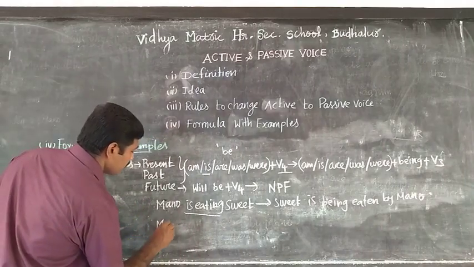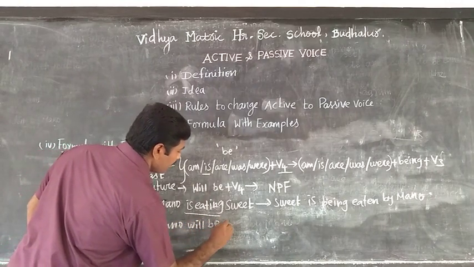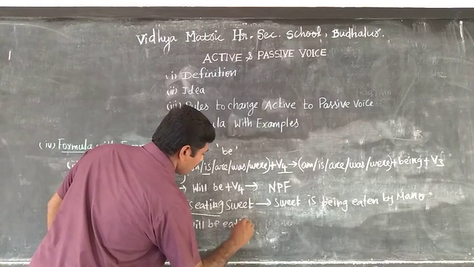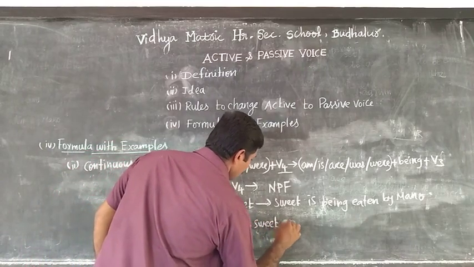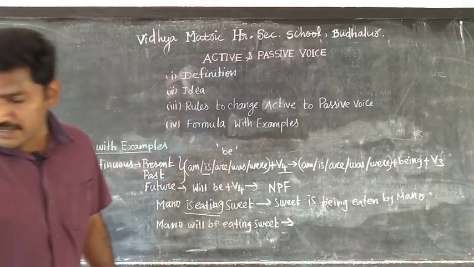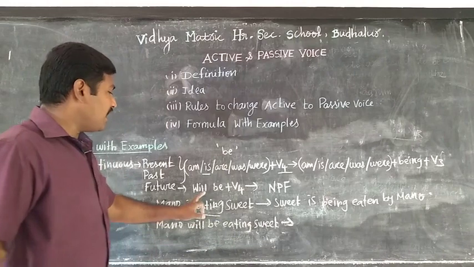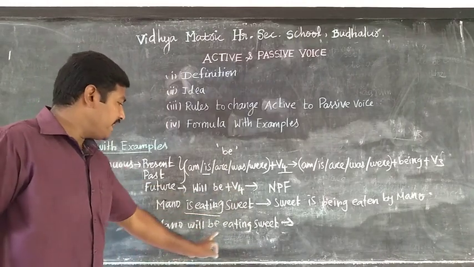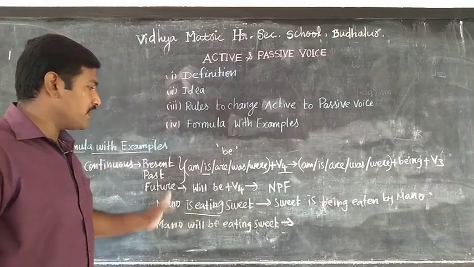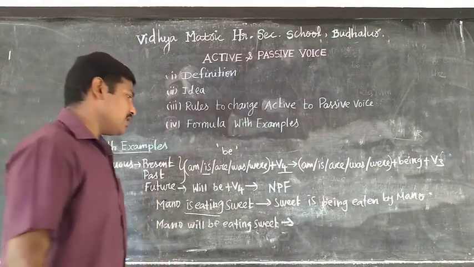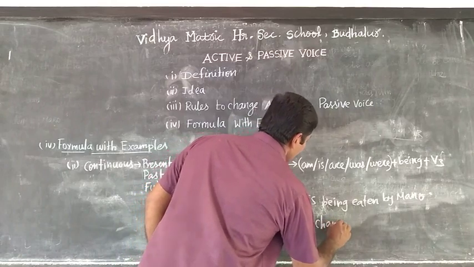So future continuous: Mano will be eating sweet. Will be eating, formula will be V4. Is it correct? Okay. How to change into passive voice? No change.